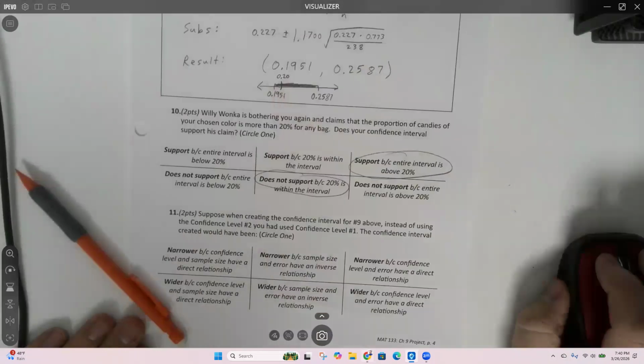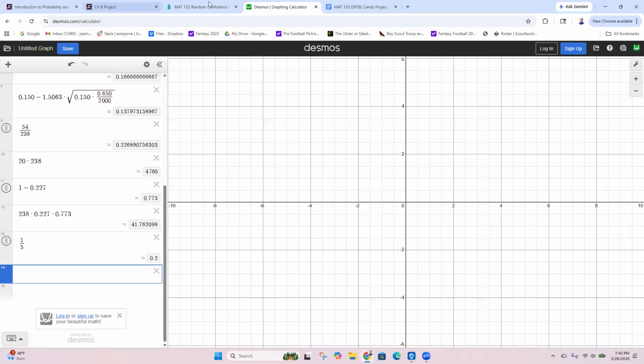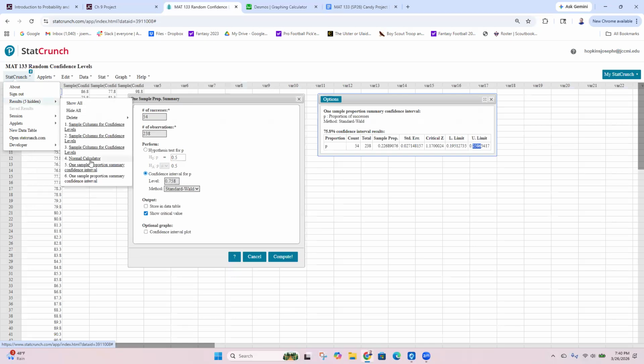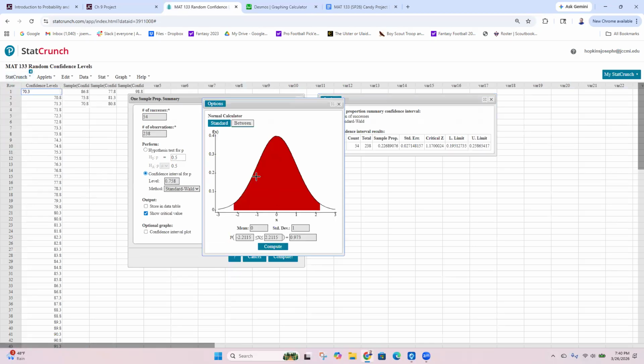So your confidence level and alpha are closely related. For confidence intervals, we are always using between, okay? And the red part is your confidence level. It's how confident you are. I want to be 90% confident or 95 or 99%, okay? But there's always going to be some error, which is what your alpha is here, which is the white spaces.